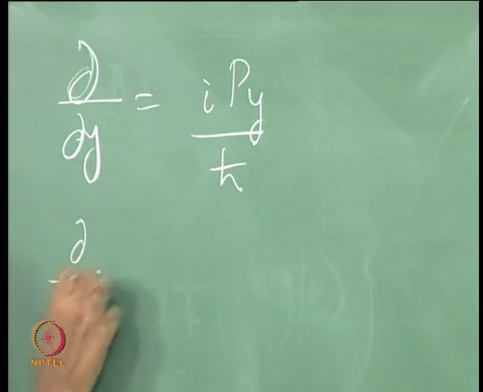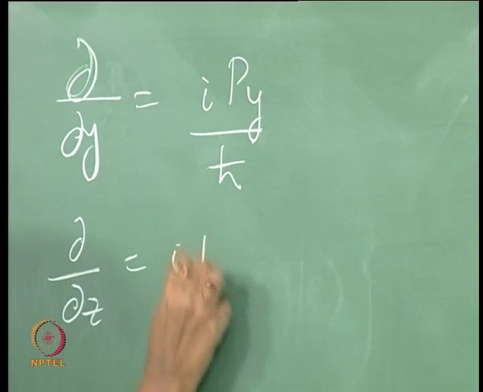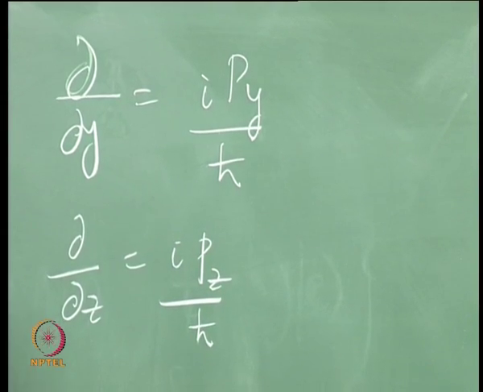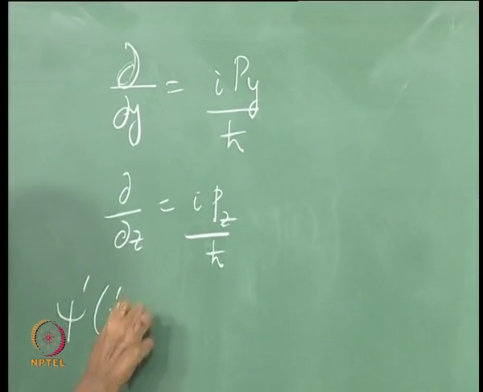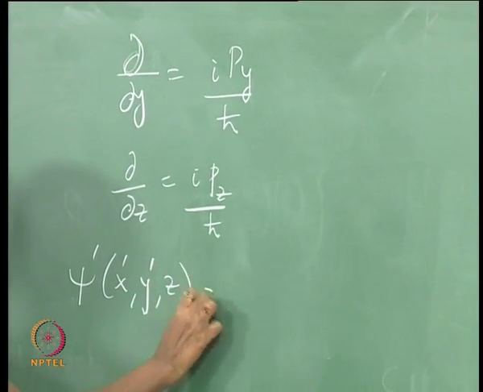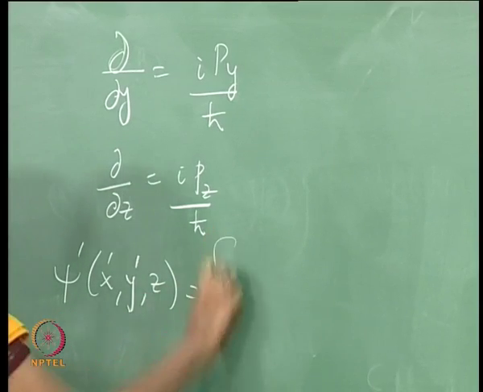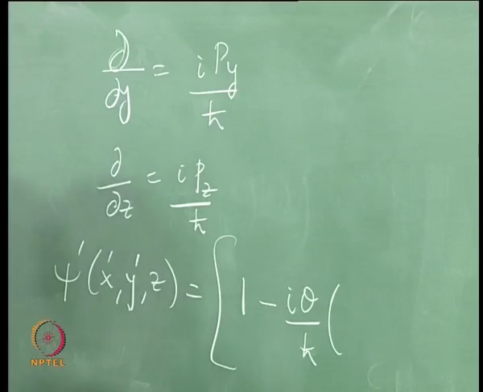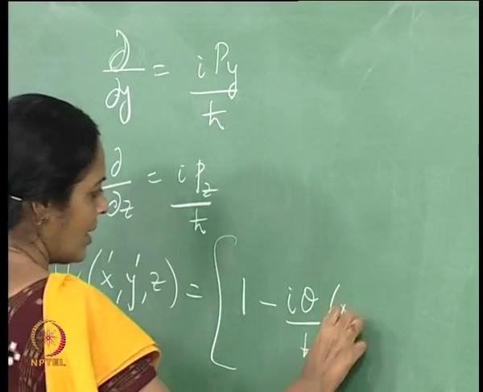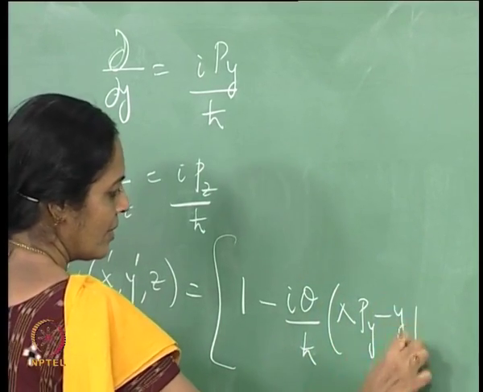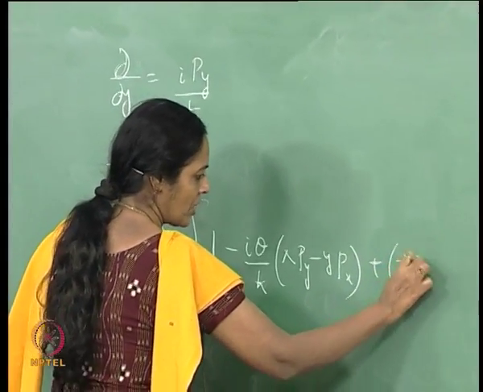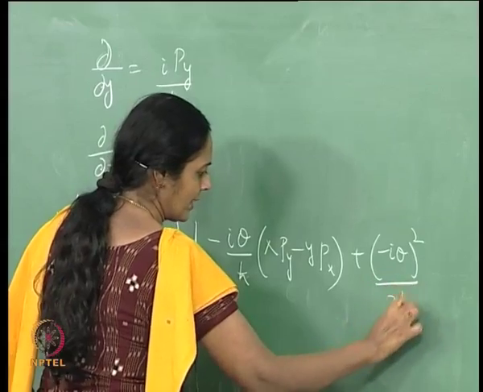Similarly, delta by delta z is i pz by h cross, and therefore psi prime of x prime, y prime, z is 1 minus i theta by h cross times x py minus y px, plus, if I worked out the next order, I would get this.